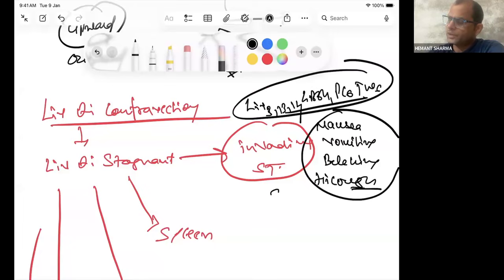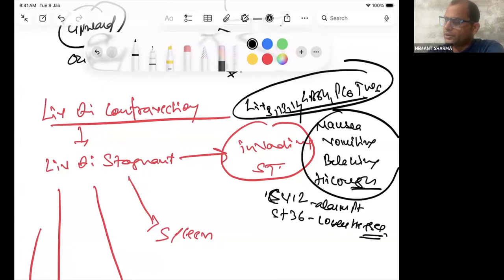So we'll take the points of the stomach, like yesterday I told you, CV12, the alarm point of the stomach, and stomach 36, lower He-Sea point of stomach. इनको टोन करेंगे और इवन मेथड कर सकते हैं एंड लिवर के पॉइंट्स एडिट करेंगे क्योंकि स्टमक पर तो आक्रमण हुआ है. स्टमक कमजोर था इसीलिए तो आक्रमण हुआ है.